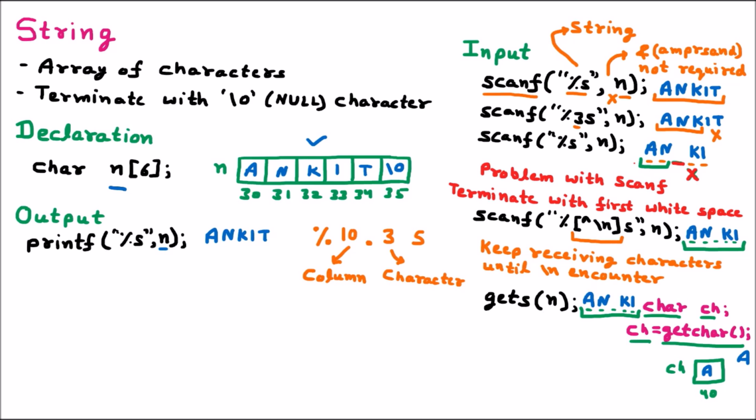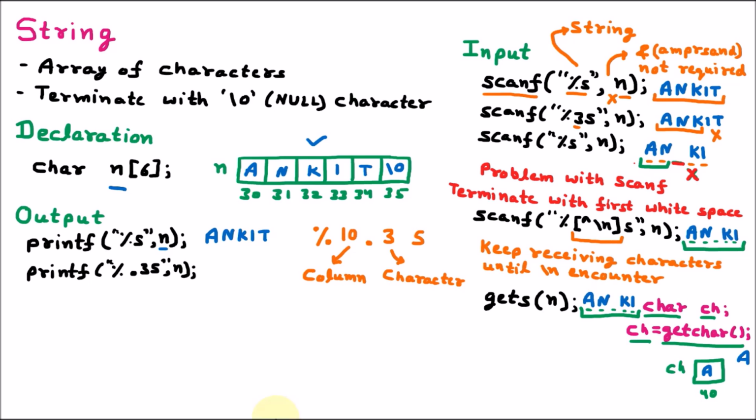Let us assume that I am using a printf statement. I write printf, which means printing on the screen. Then bracket start, double quotes, then percentage. Here I am not taking the column. I simply write a dot, and after the dot, let's say 3. Then s, double quotes close, comma, n, then semicolon.